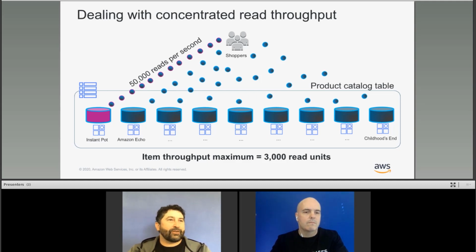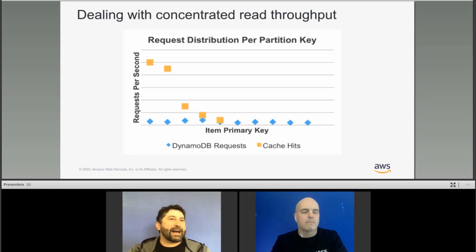The first thing we could consider is maybe some caching. If we made use of a cache either on the client itself, or maybe using an external, centralized cache like DAX, DynamoDB Accelerator, or it could be ElastiCache.